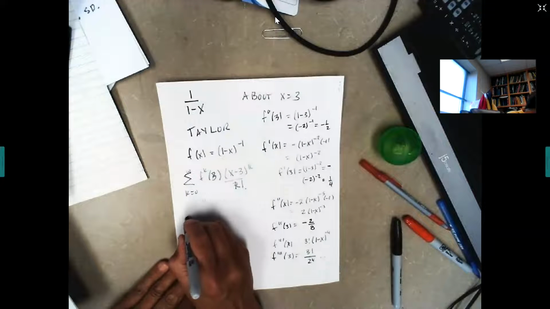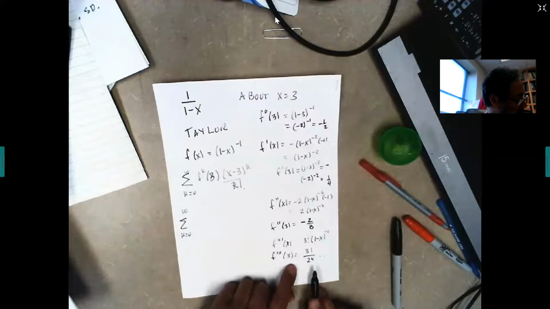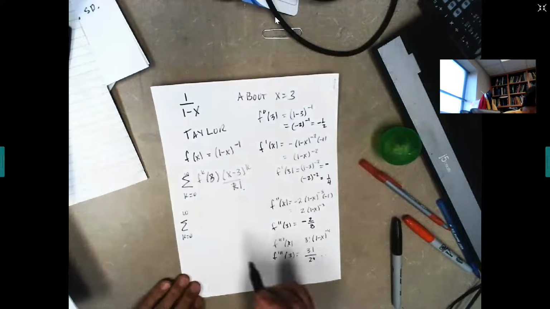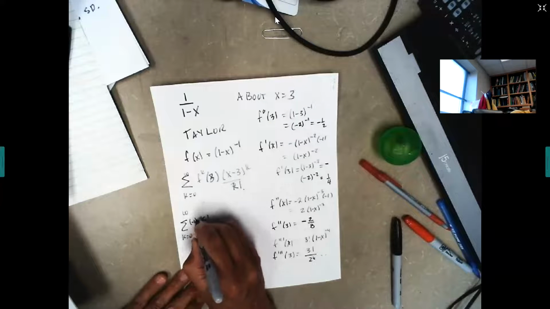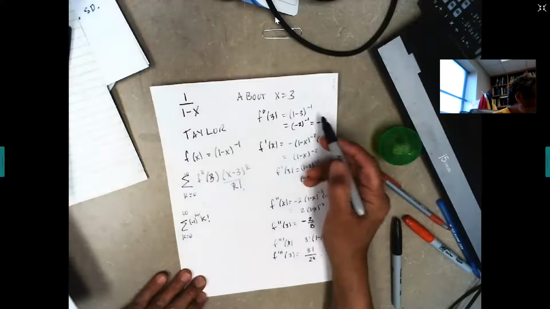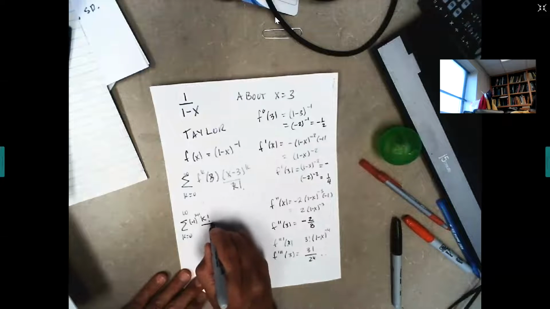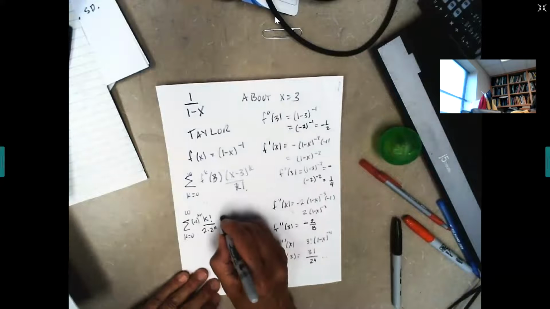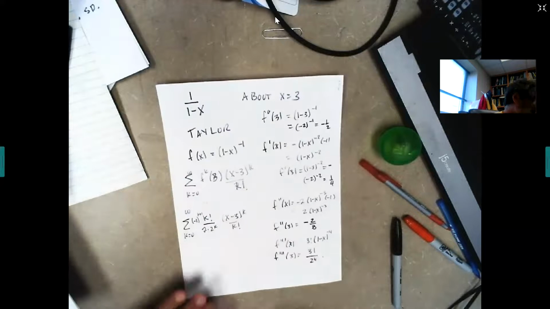If you write the series this way, we see the pattern here. It's going to be a k factorial. It is alternating, so it starts at negative 1 to the k plus 1, because it starts negative and keeps going. We now have a 2 times 2 to the k, and there's a reason I'm writing that 2 down here, times x minus 3 to the k over k factorial.